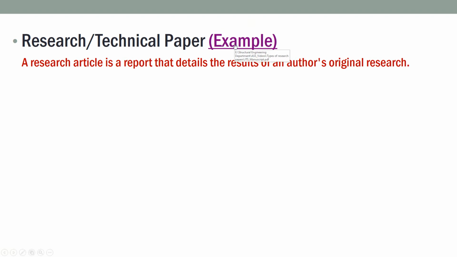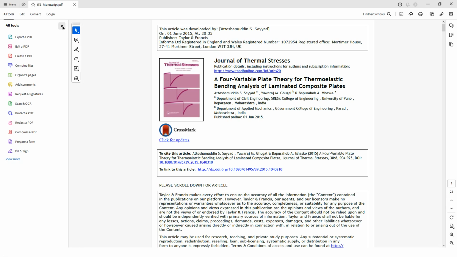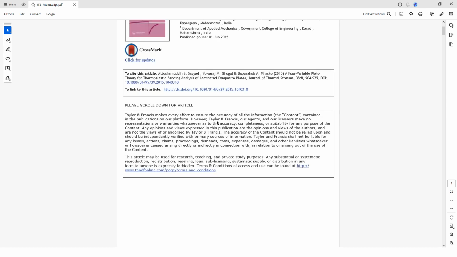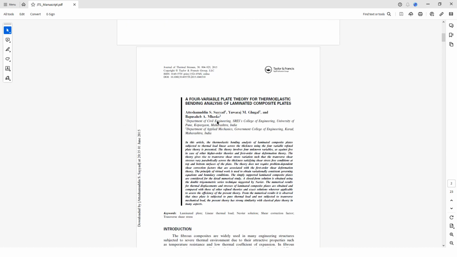For example, this is well known now, any journal you can submit the technical paper. So just one sample I have given here. This is one technical paper which is published in the Journal of Thermal Stresses.